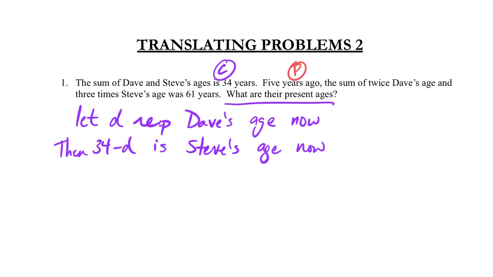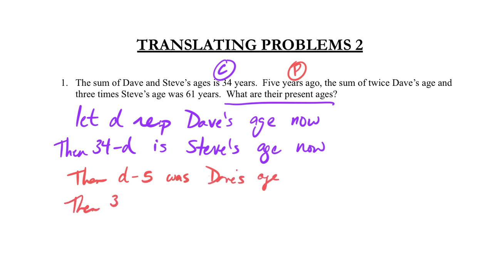This is one step that I'm going to argue to you. If you struggle with age problems, I would still recommend creating then statements for the other time period. It's going to cost you like 10, 15 seconds, but if we're struggling, this makes your life so much easier. If I want to go back 5 years ago, then D minus 5 was Dave's age.